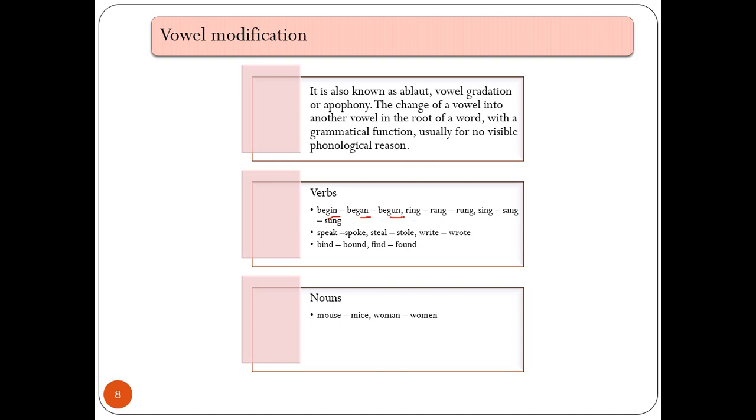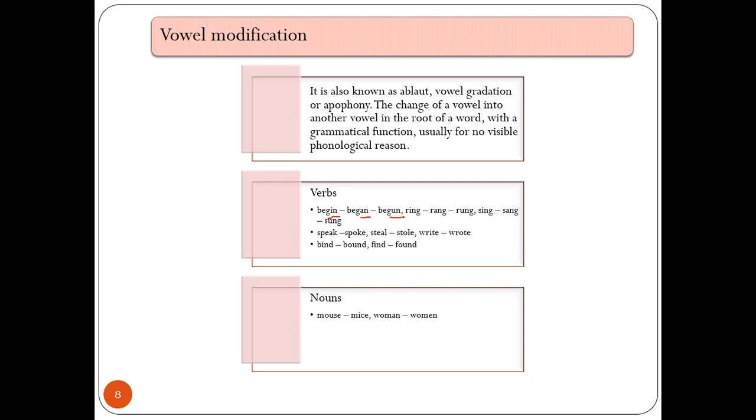Okay, so what we have is a non-concatenative process at work, and then we have modification. What kind of modification is that? Internal modification. And then it is internal, but is it complete modification?